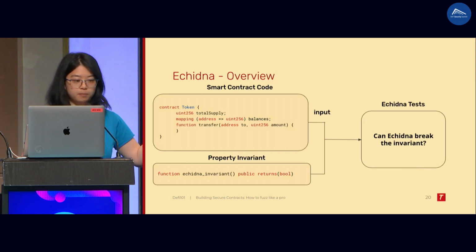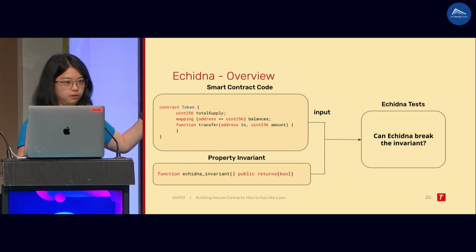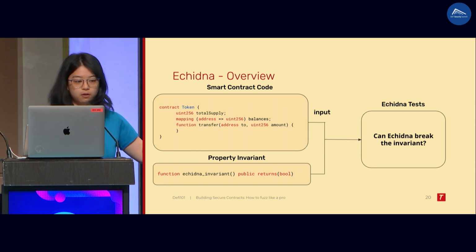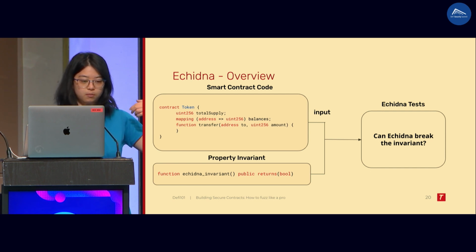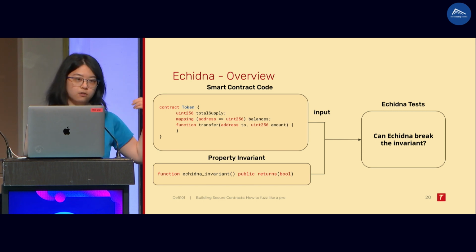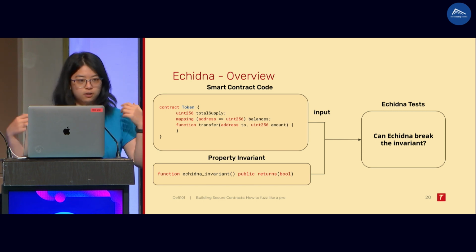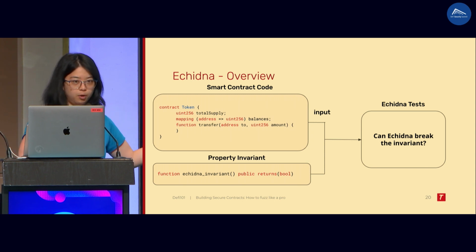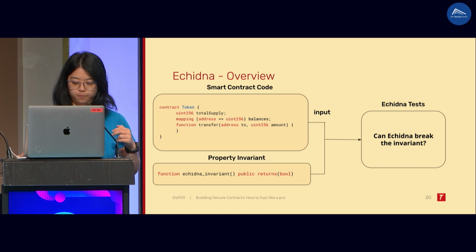So this is one example of smart contract code. This is just a standard token. It's got total supply, it's got balances, and it's got a transfer function. If we specify the property invariant, we are able to define it as an Echidna function, and the Echidna test is going to generate random inputs to see whether a property violation is possible.